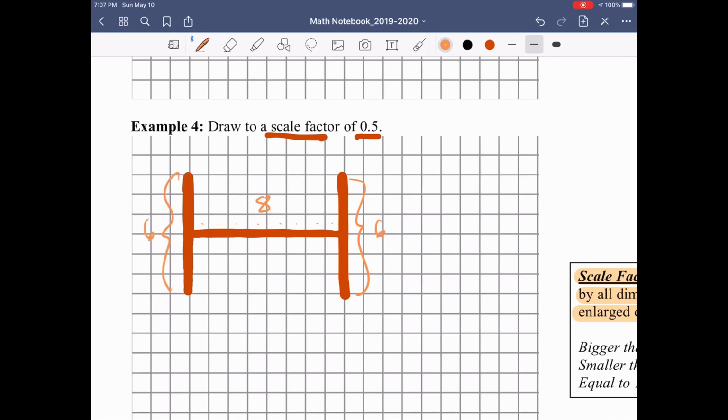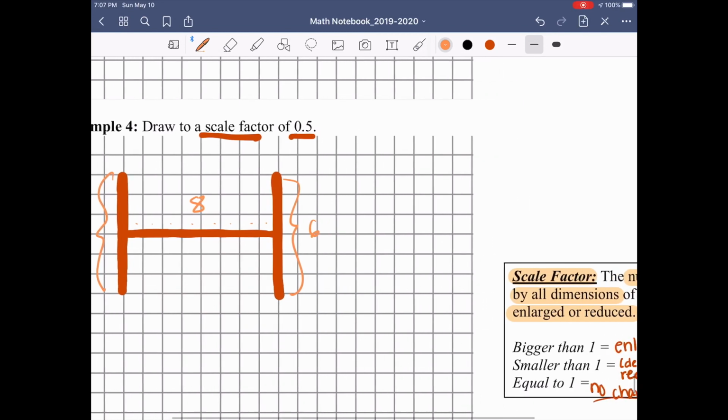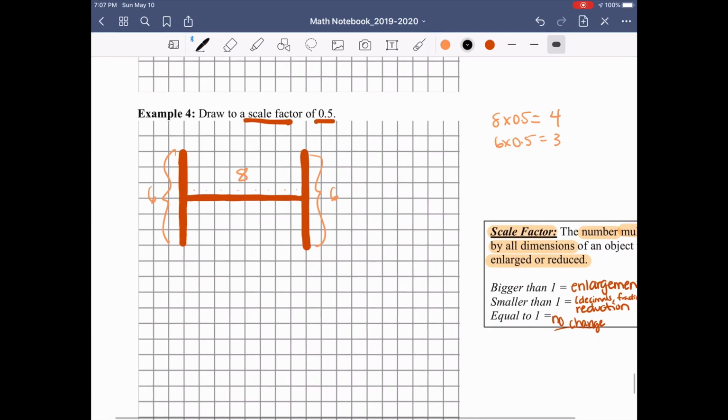So a scale factor of 0.5 means you're multiplying everything by 0.5. So if we just do it here on the side, 8 times 0.5, that's the same thing as dividing it by 2, which is 4, and 6 times 0.5 would be 3. So if I wanted to draw the new image, it would be a reduction.